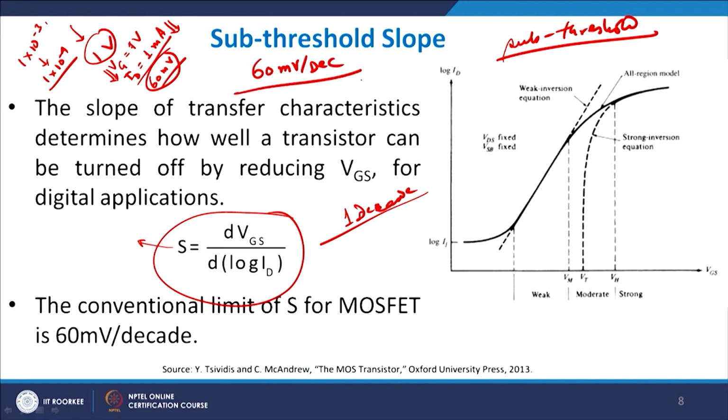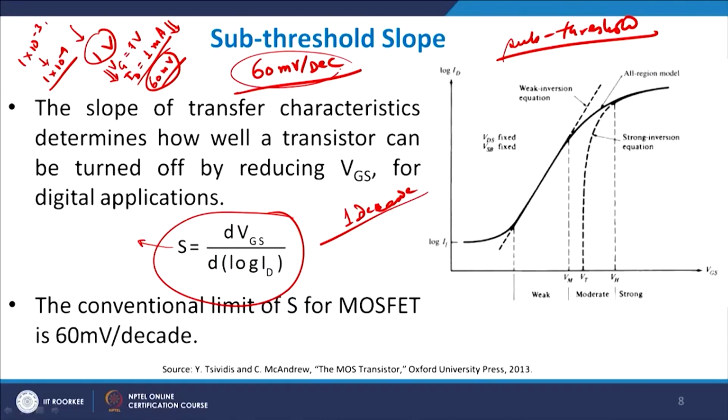So, for every 1 decade fall in the drain current, the amount of gate voltage that has to be changed is defined as my subthreshold slope.